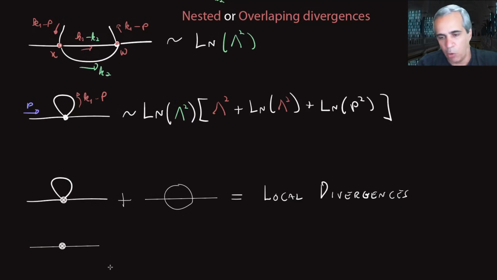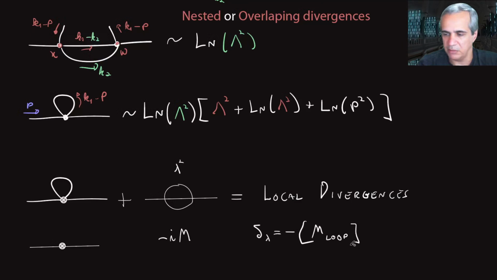Now I have more contributions to the two-point function. This contribution is now proportional to lambda square, I have lambda here and lambda here. So when I demand that minus im is finite, my delta lambda will have to be minus all the loop contributions at a particular point in momentum.